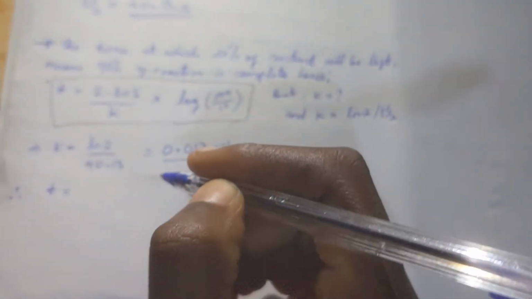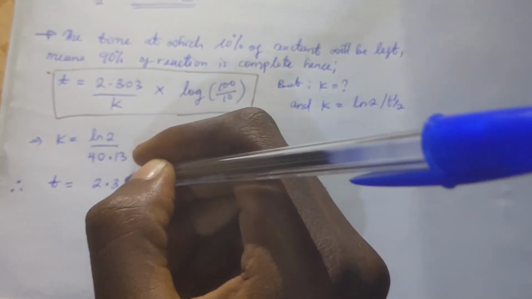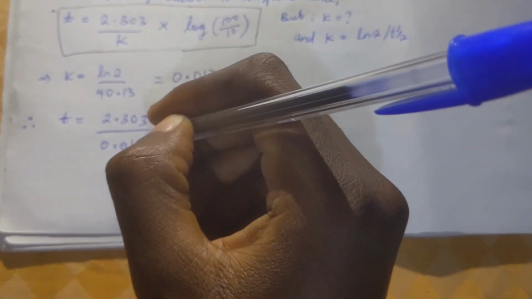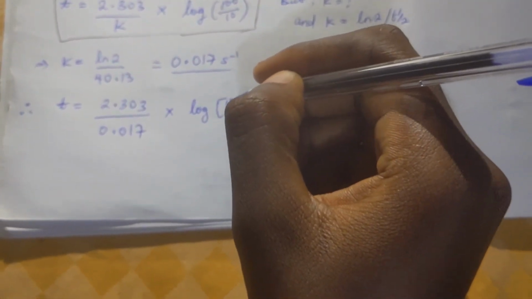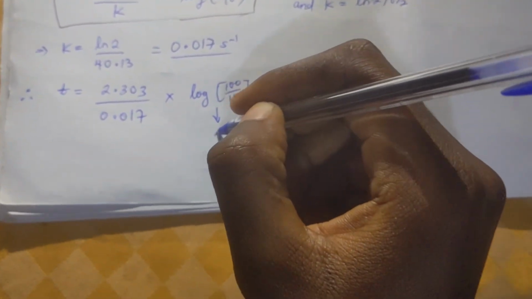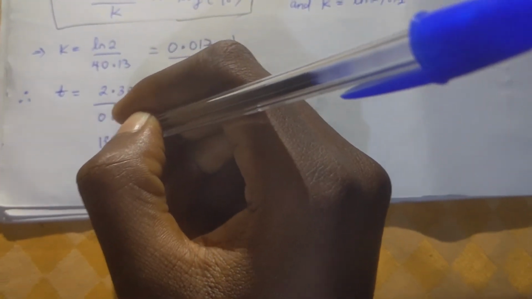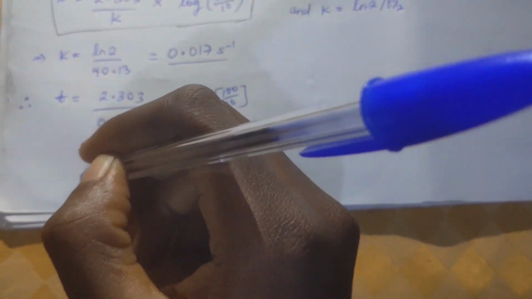Now, back to looking for the time after initiation of the reaction, T is equal to 2.303 divided by K, which is 0.017, times log 100/10. Punching that in a calculator, log 100/10 will be log 10, which is 1.